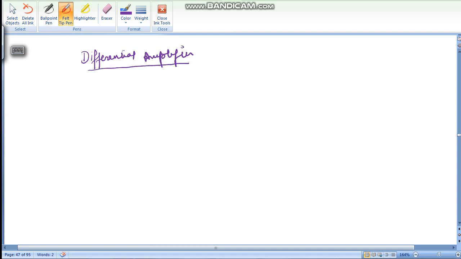Before going to differential amplifier, I would like to tell you two things. We have seen two amplifier topologies, one is common source, other one is source follower amplifier.